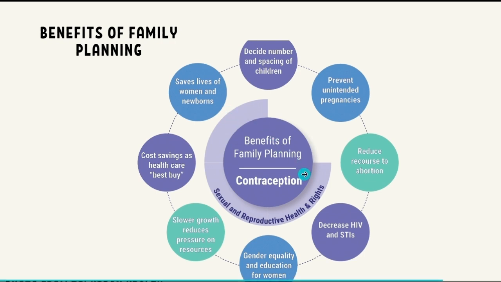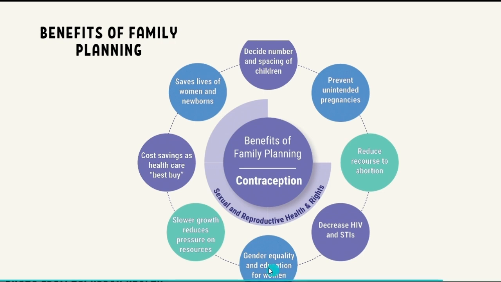Family planning also decreases HIV and STIs, and promotes gender equality and education for women. The person is not having children back to back to back when they can't take care of them, and they actually get to go to school and get their other life goals out of the way as well.